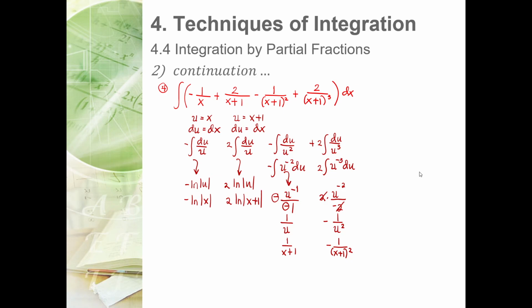So grouping together your answers, the final answer is negative ln x plus 2 ln x plus 1. The third term is plus 1 all over x plus 1. Then the last term is minus 1 all over x plus 1 squared plus c.